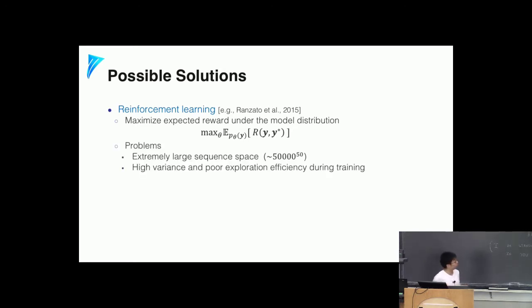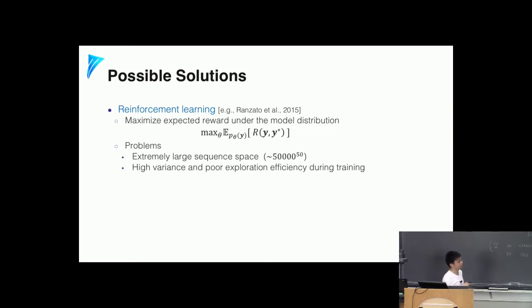So what's the problem of this method? The problem is that because here y is a sequence of tokens, this sequence space is actually very, very large. Assume, say, we have a vocabulary size of 50,000. That means at each step we have 50,000 choices, right?